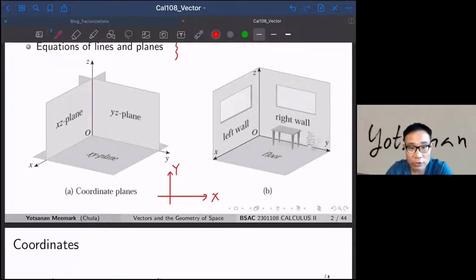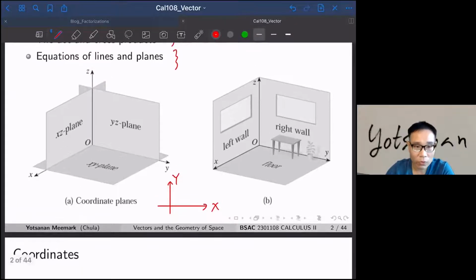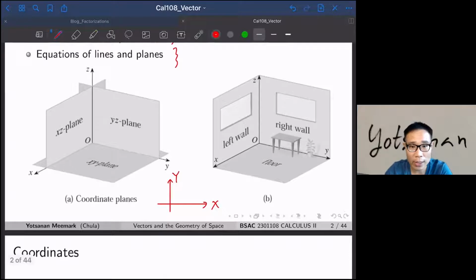In calculus 2, we're gonna cover the three-dimensional space, and it's gonna turn out to be functions with more than one variable. So it's gonna be two variables, and we're going to study the calculus of several variables instead.